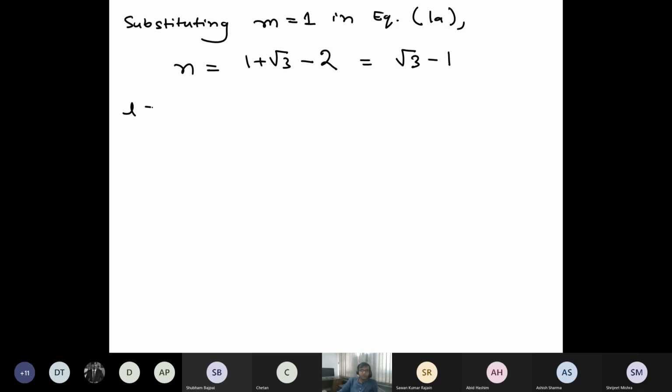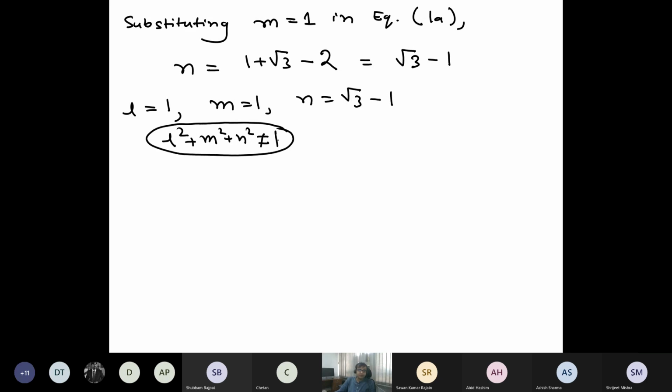So finally I have L equal to 1, m equal to 1, n equal to root 3 minus 1, but L square plus m square plus n square is not equal to 1 with these values. So what I will do next is compute L square plus m square plus n square.